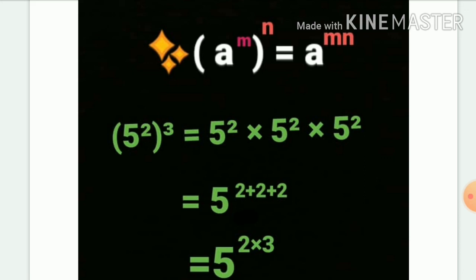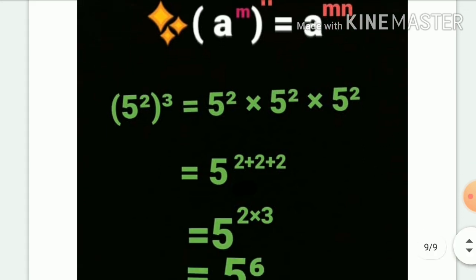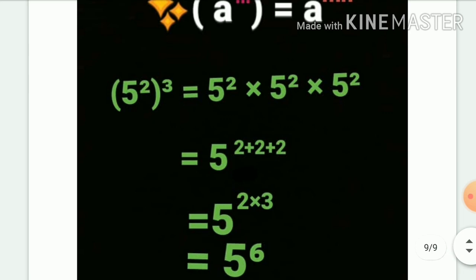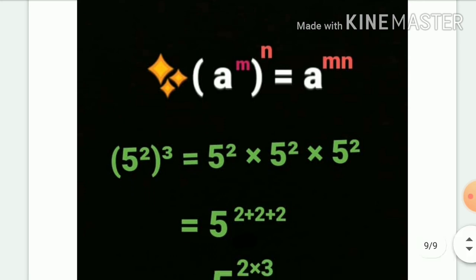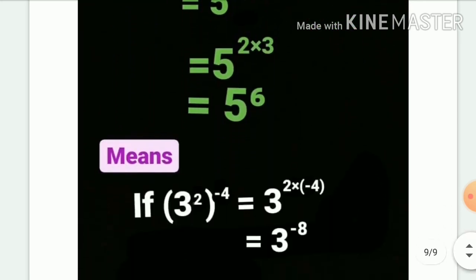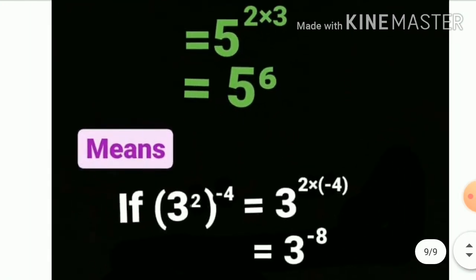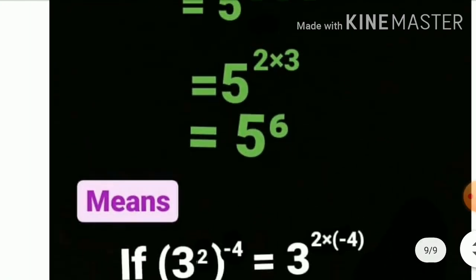This is just an explanation of how that law came. For example, (5^2)^3, you just have to write 5^(2 cross 3). This much only you have to remember.